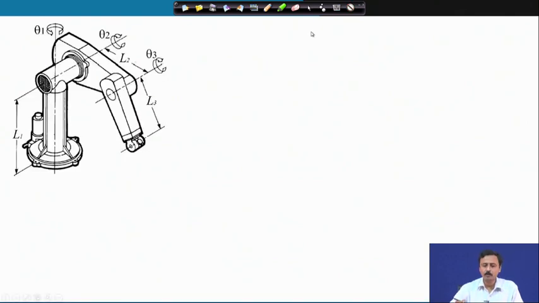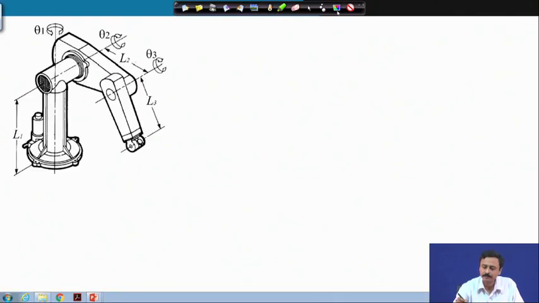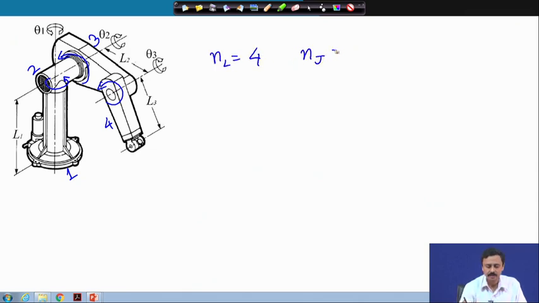In the case of the Puma manipulator, ground is 1, this link is 2, there is a revolute pair here, this is 3 and this is 4, here there is a revolute pair and here also there is a revolute pair. Therefore, number of links again is 4, number of joints is 3 revolutes, and summation of degree of freedom of each revolute is 1.